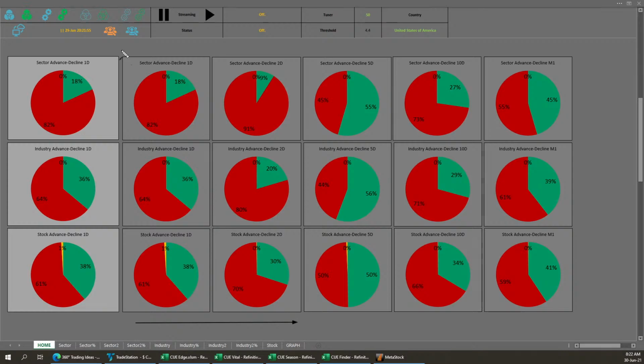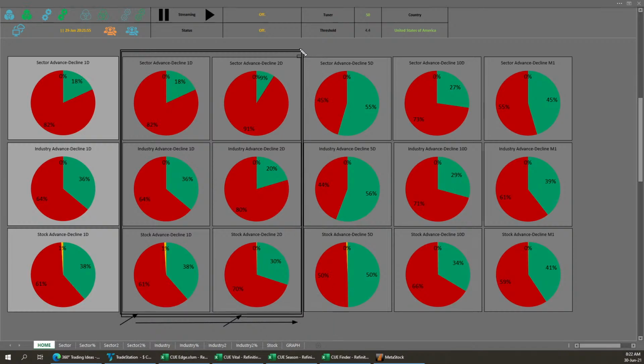And again that happened, they flip-flopped to red now. And once again we see, though Monday and Tuesday SPY QQQ made new all-time highs, the sector industry stock advance decline turned more and more bearish on both those days.